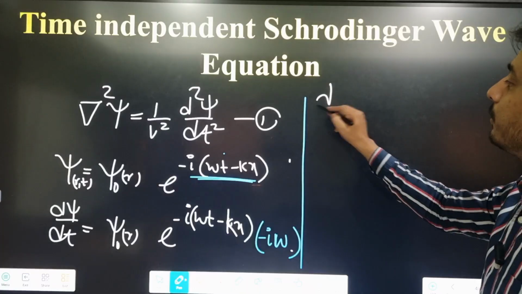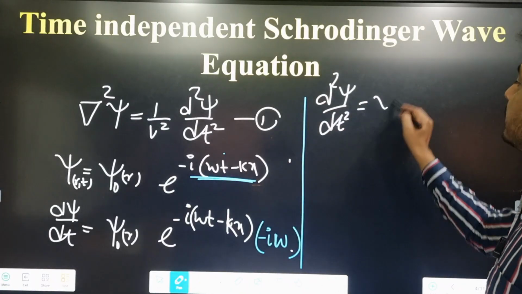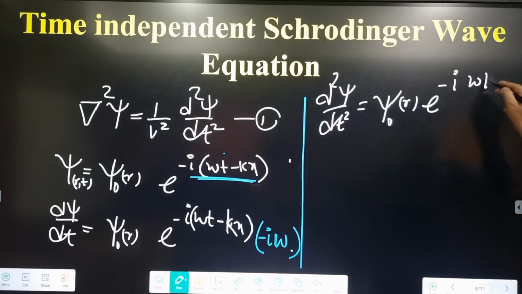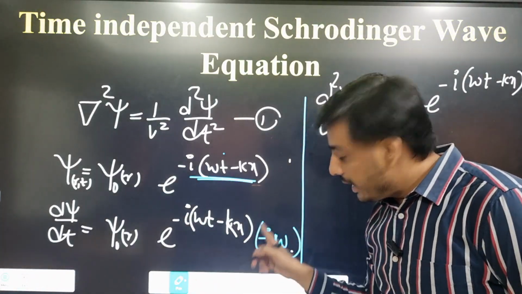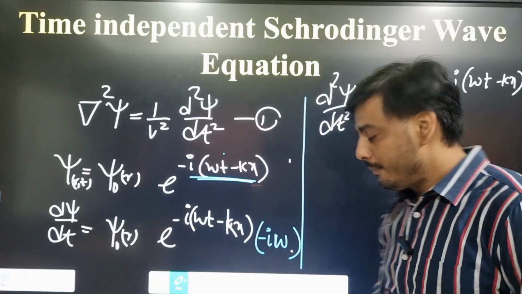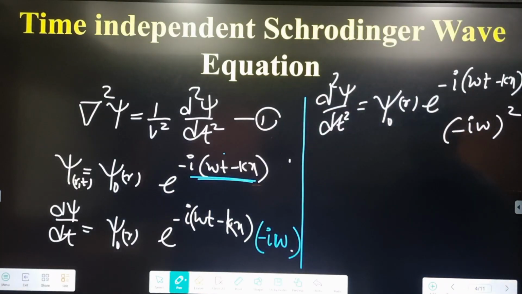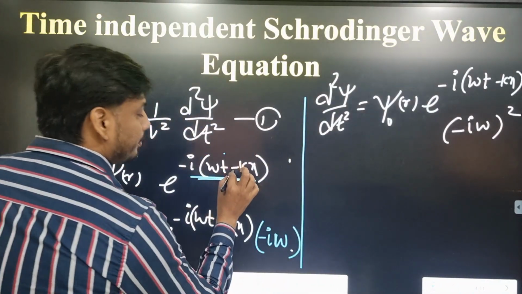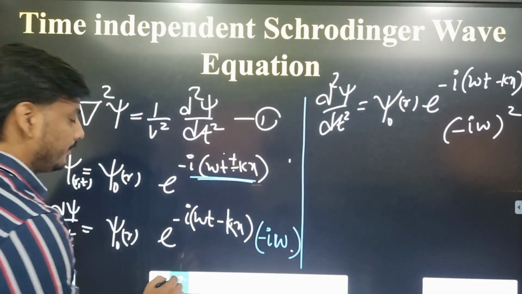Again if we take the derivative, then on the right side we get psi naught function of r, e to the power minus i(omega t minus kx), times minus i omega. Taking the derivative again, you get another minus i omega, so this will be minus i omega whole square. Clear? Always remember, you can take minus kx or you can also take plus kx. There is no issue with that.